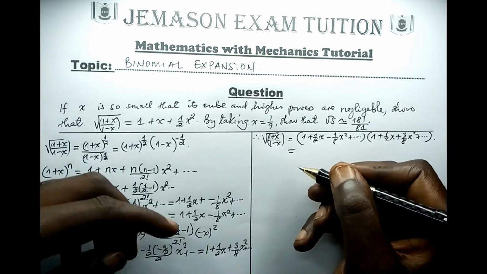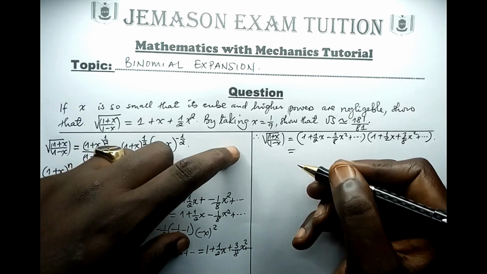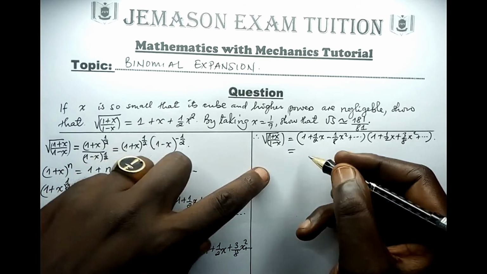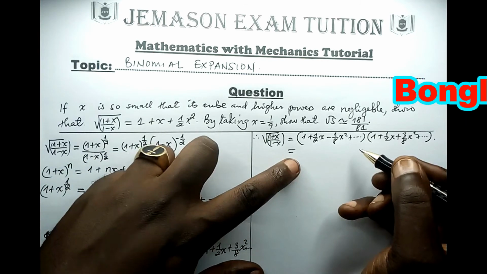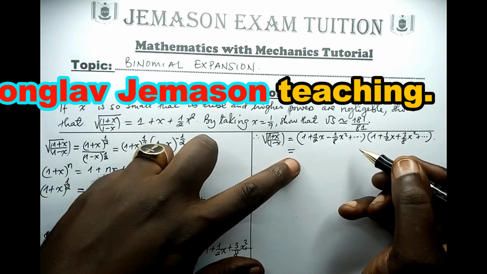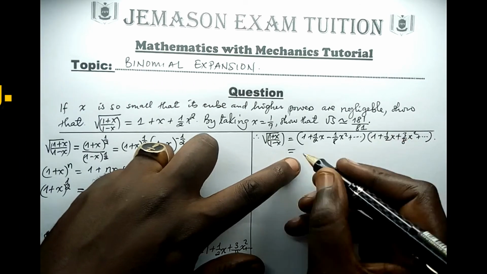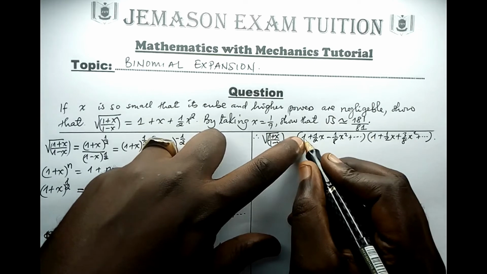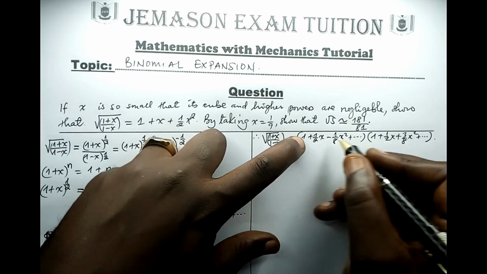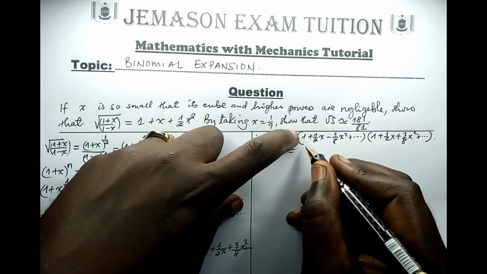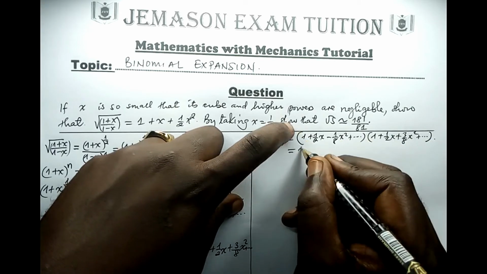Remember, they say the cube and higher powers are negligible. So when I start expanding any term that comes out with x cubed, x to the fourth, and so on, I will reject it. I start by expanding 1 all over to the right hand side there. So I get 1 times all of that, so I just copy it.